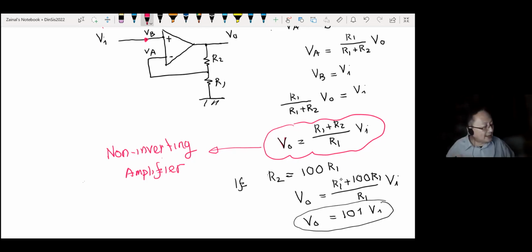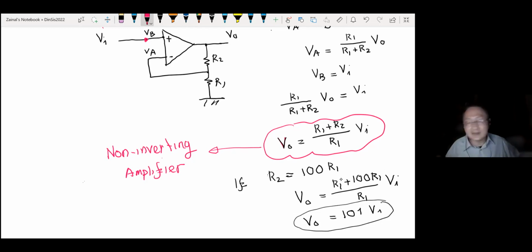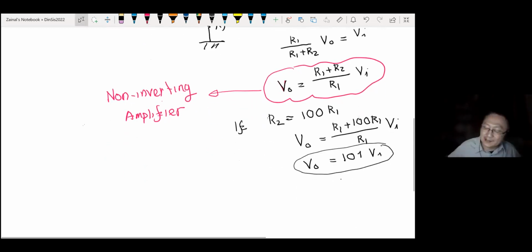So you can multiply your signal by 101 times. If you want exactly 100, you have to choose something like this: suppose R2 is 99 R1.